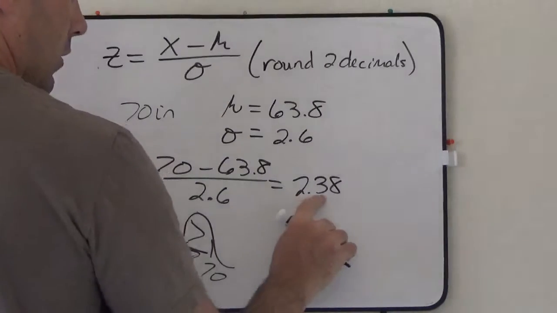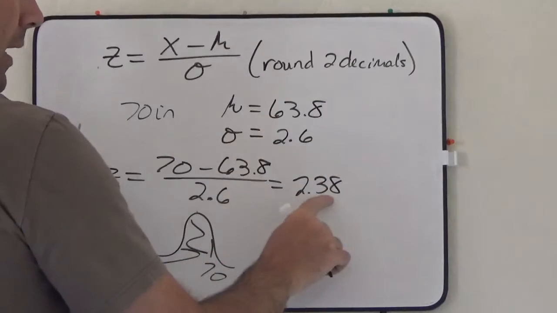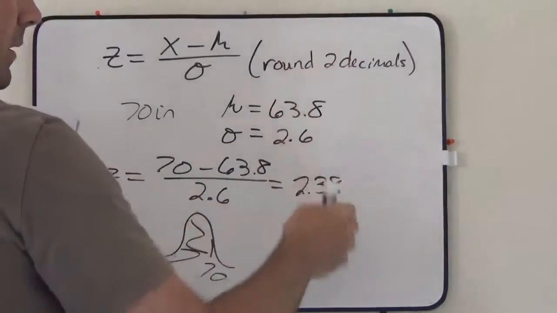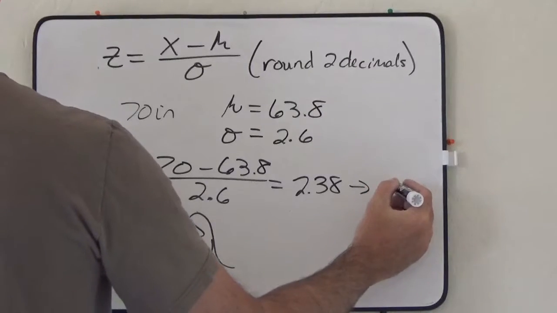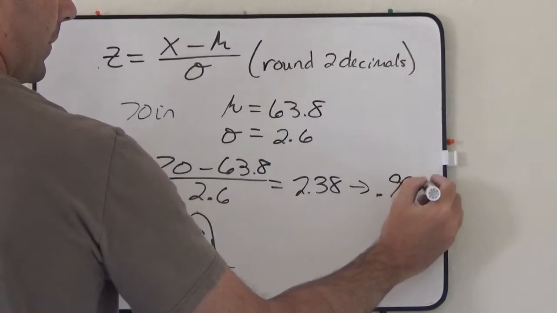You're going to look for 2.3 on the rows and 0.08 on the columns and find where they meet up, and you'll find that the probability is 0.9913.